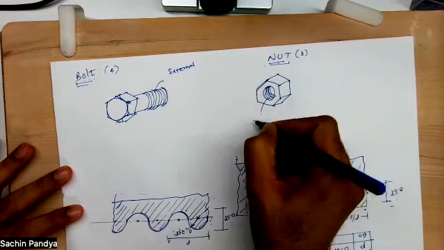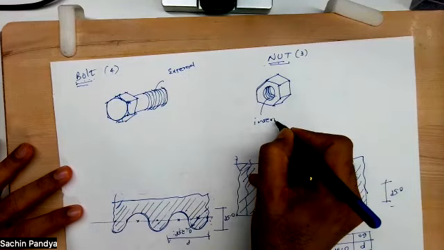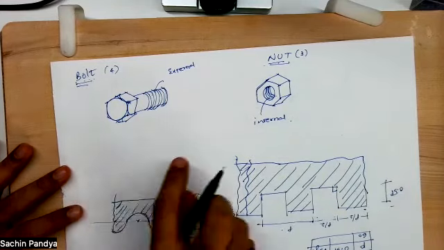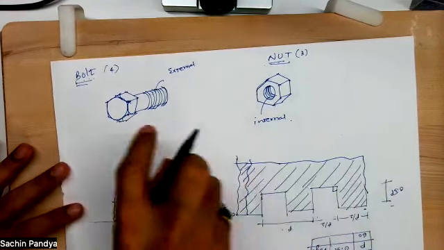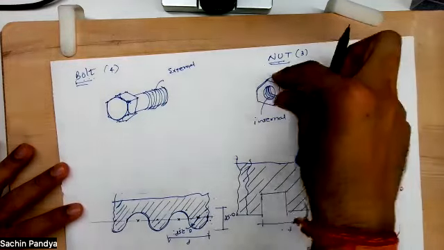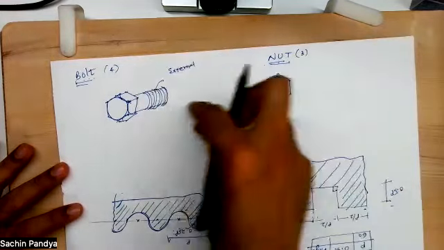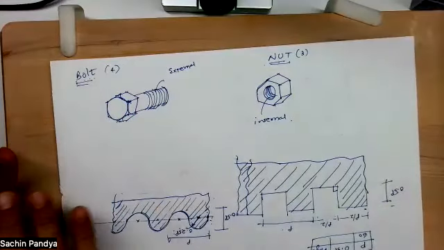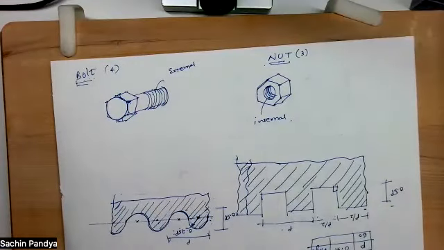And here you have internal threading. Got it? All of you understood this difference? The nut will go over the bolt, you know. Have you understood this much? Then I'll go ahead. Yes, sir, understood. Okay.